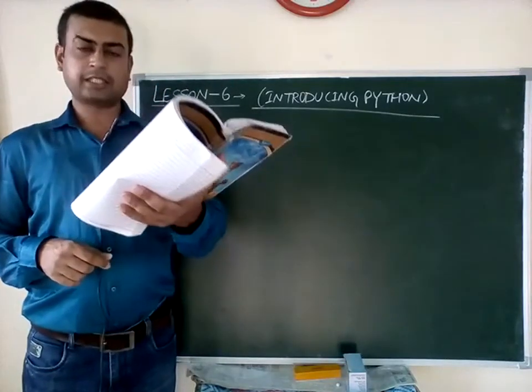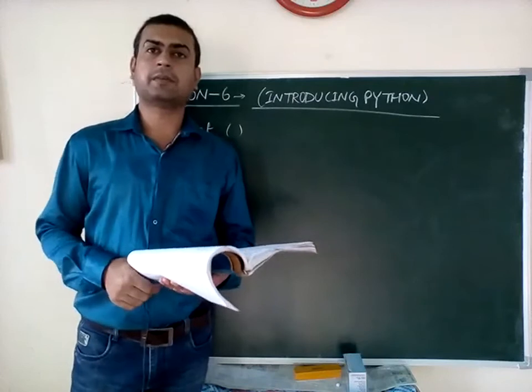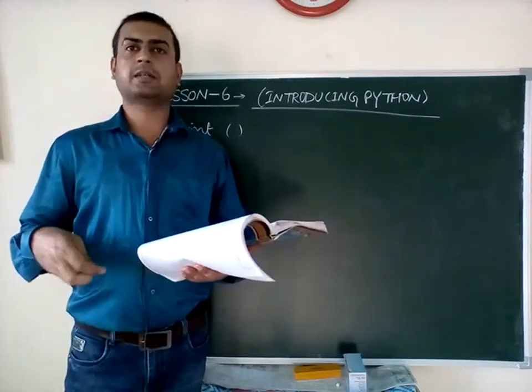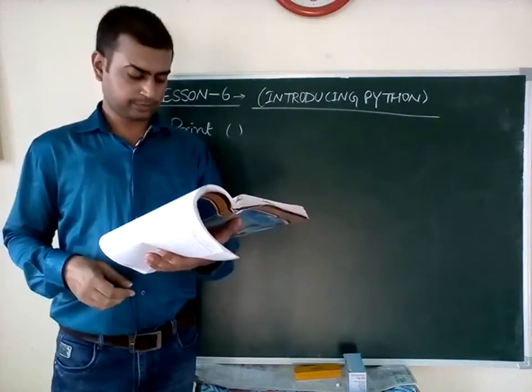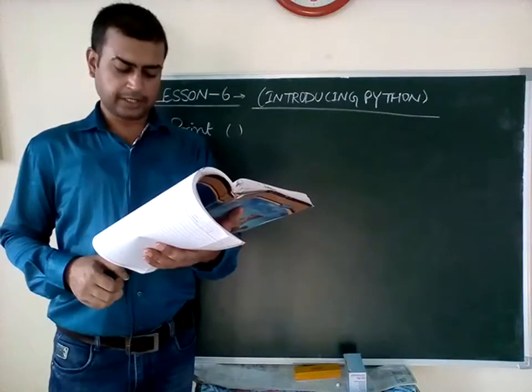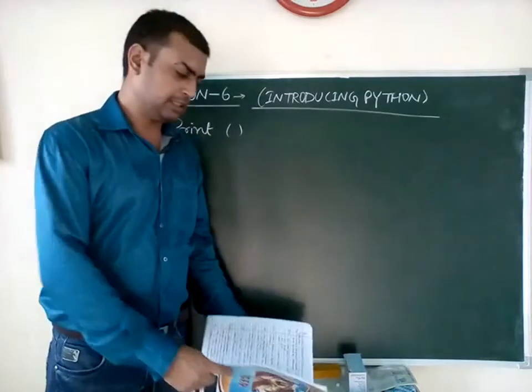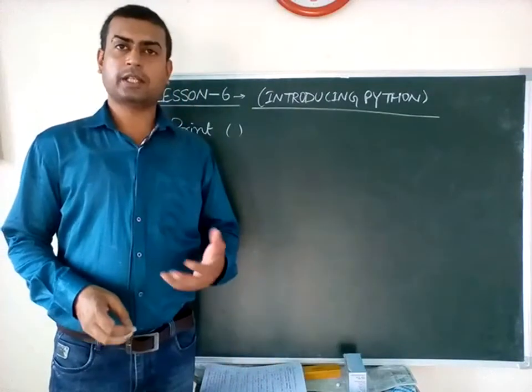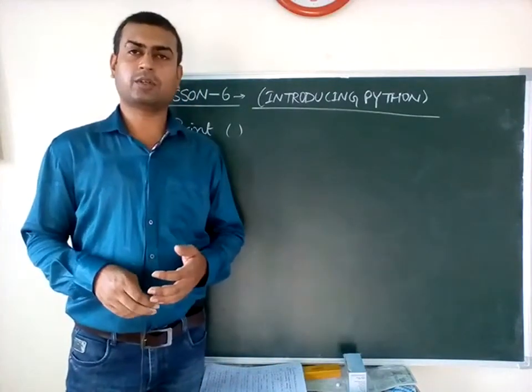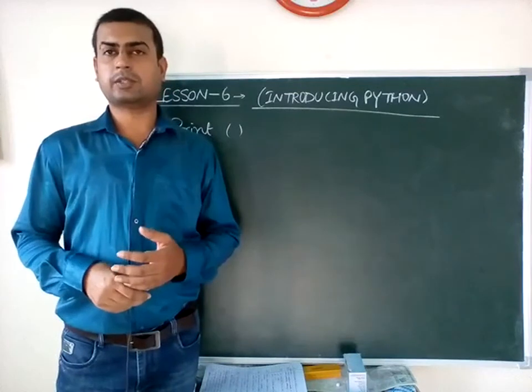It can have multiple parameters. Multiple parameters means you can give many compound statements. It supports multiple escape sequences to format. Escape sequences means \n for new line, \t for tab, or carriage return, which you can use.